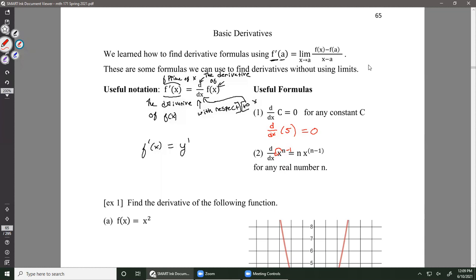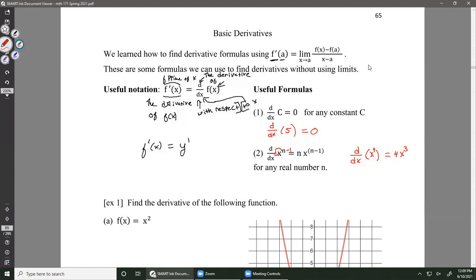And so an example is d over dx of, let's say, x to the 4th. That 4 comes down, so we get 4x, and then we subtract 1 off the exponent, and that becomes 3.